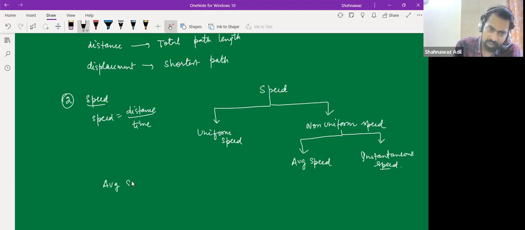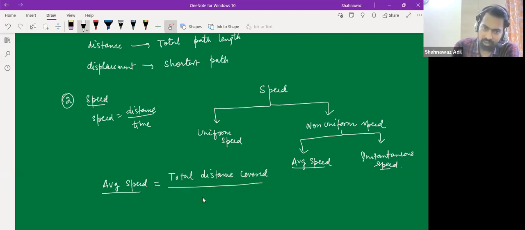The average speed is about the whole journey: in the whole journey, how much was the speed. It has two methods. One is the total distance covered, and then total time.